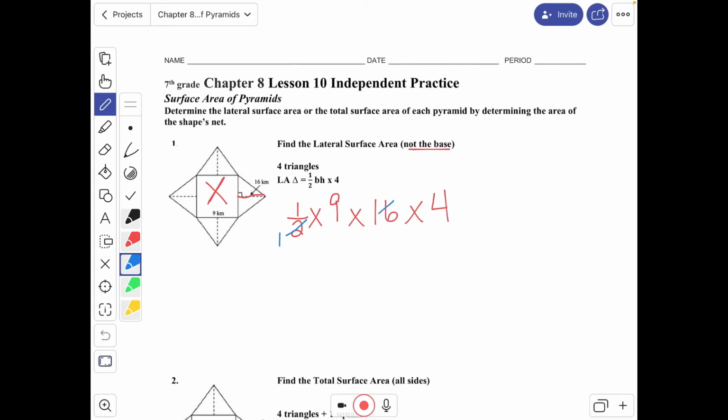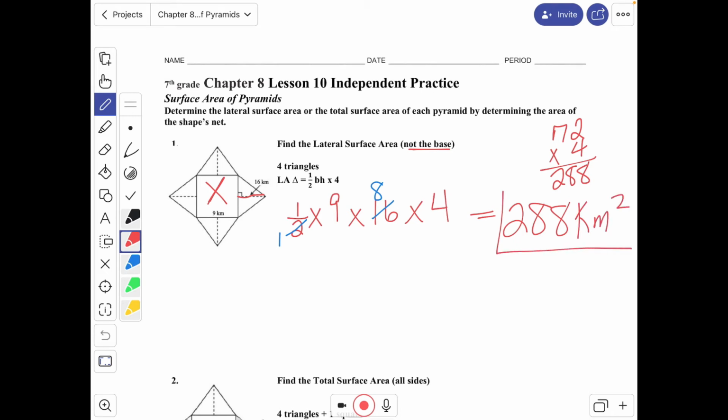So 2 divided by 2 is 1, and 16 divided by 2 is 8. So now I just have 1 times 9, which is 9. 9 times 8, which is 72. And then 72 times 4, which is 288. And this was kilometers squared. That's pretty big.